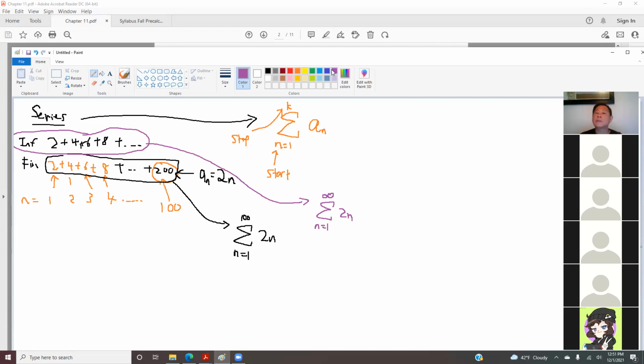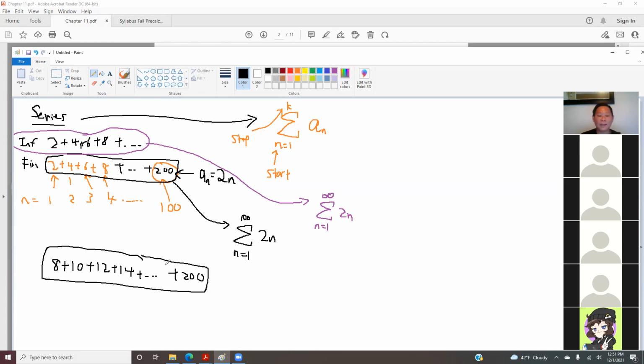Okay. Sometimes also, instead of adding 2, 4, 6, 8, 10, I want you to add 8, 10, 12, 14, all the way till 200. Okay, so how do you write this summation? Don't forget, it's still 2n because everything is doubled, right?